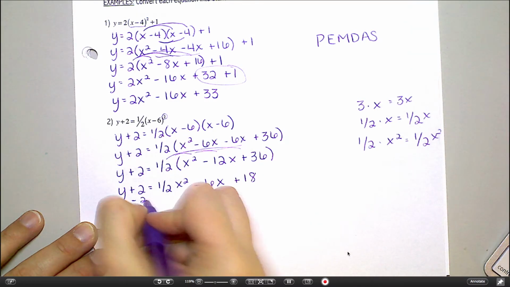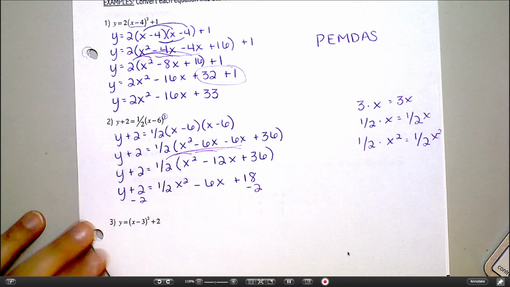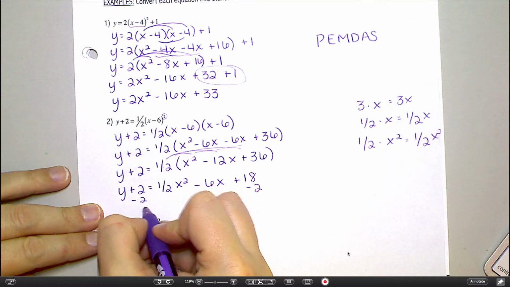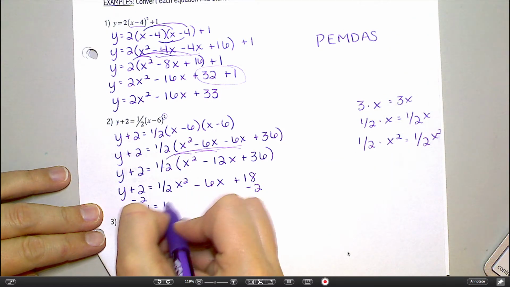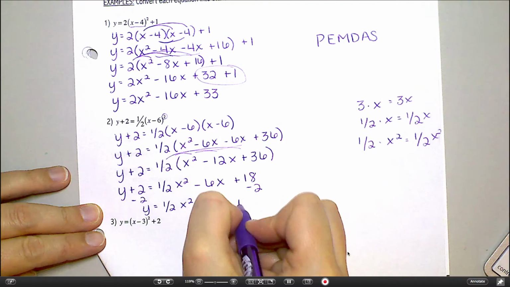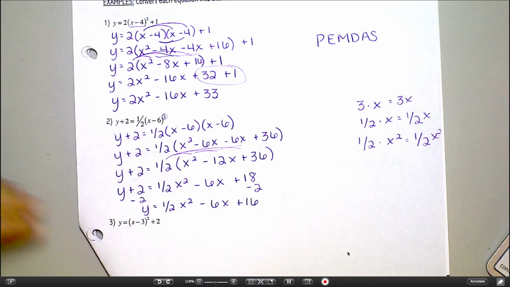I'm just going to subtract it. Okay? Because this time the 2 is on the other side, so I can't just combine the 2 and the 18, but I can move it to the other side by subtracting it. And that's going to give me y equals 1/2 x squared minus 6x plus 16. Now am I done? Yes.